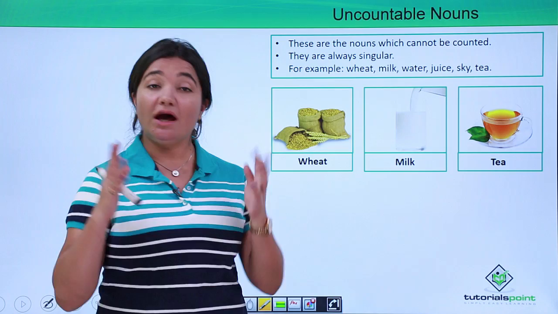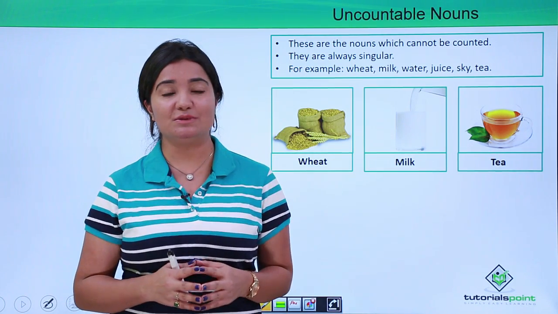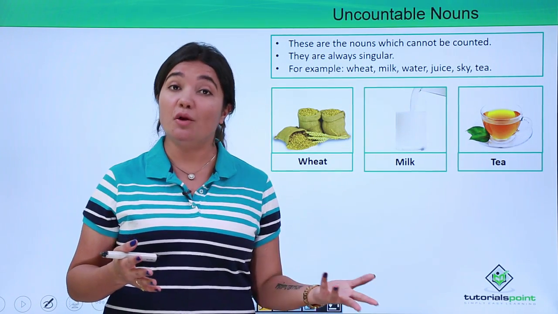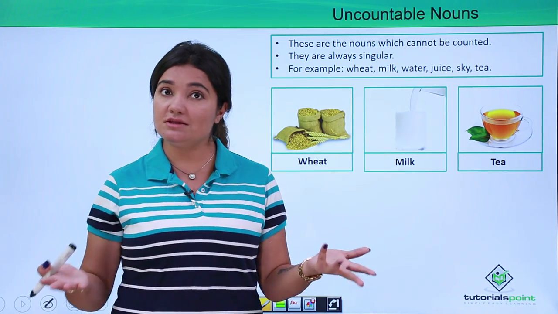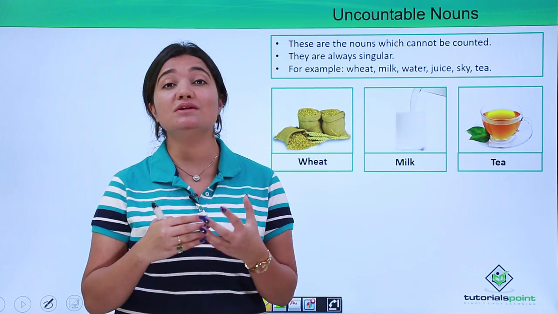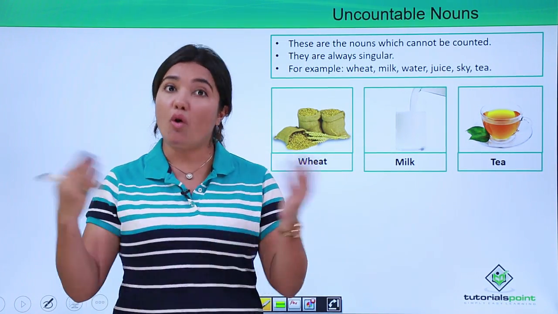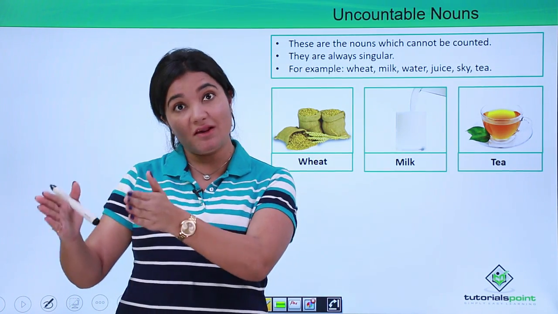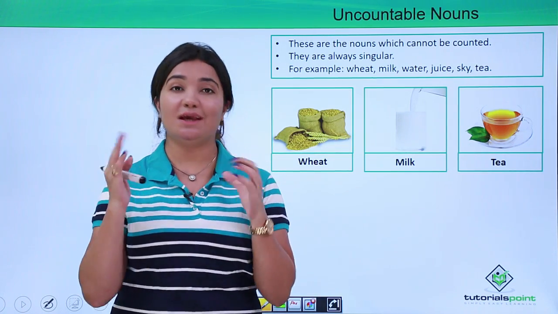Okay, so uncountable. What is the meaning of uncountable? The name itself suggests it, right? Something which cannot be counted, or in simple terms, those nouns which do not have their plural forms, or put it even more simply, those nouns where the singular and the plural forms are the same, right?